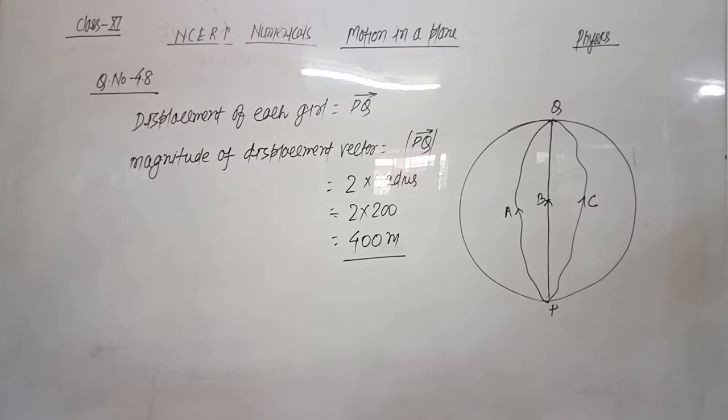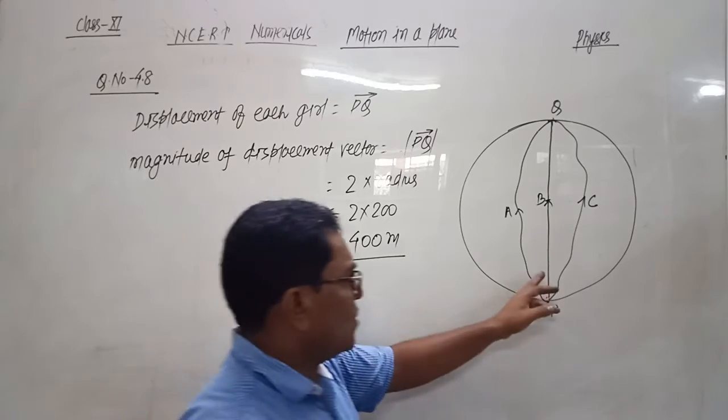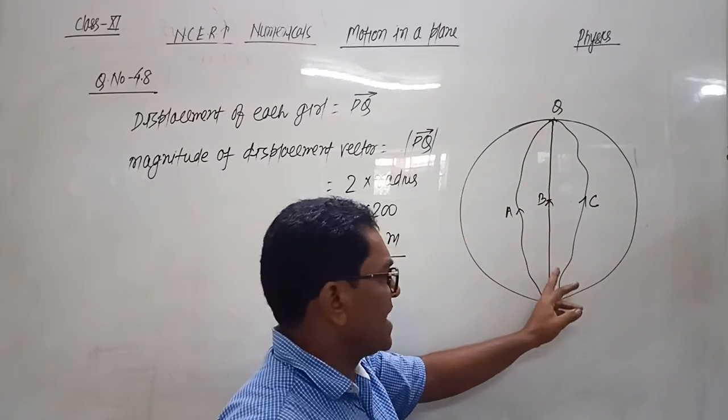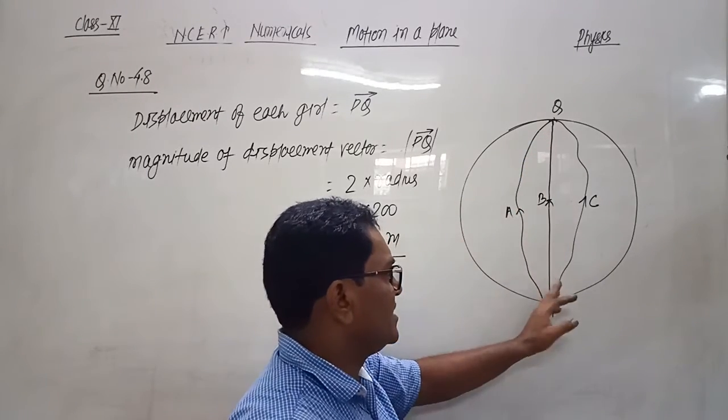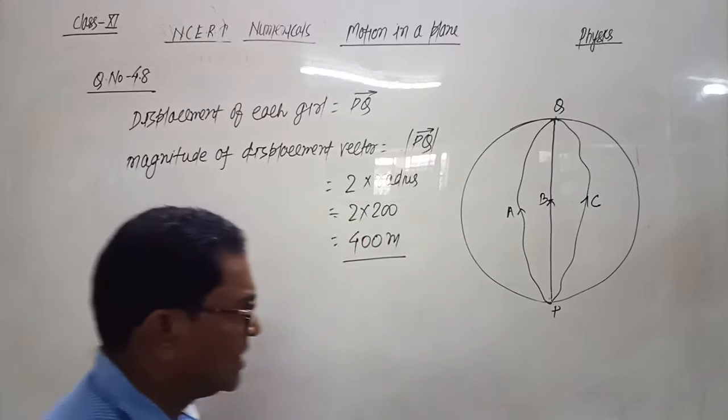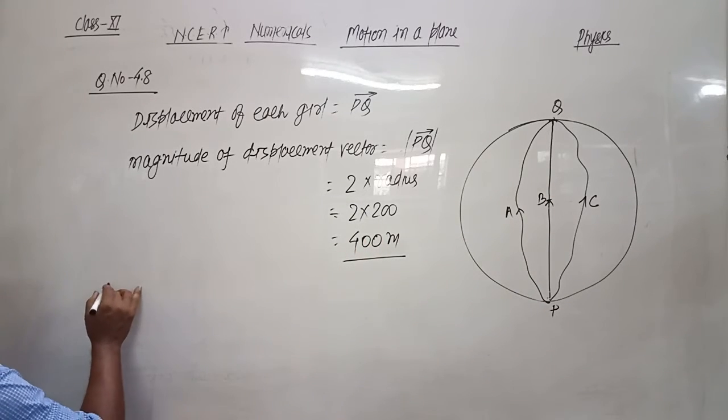And only for gull B, the magnitude of the displacement vector is equal to the actual path length covered.